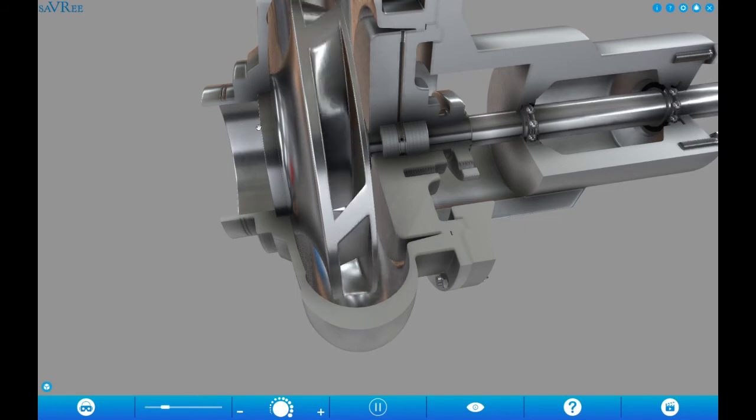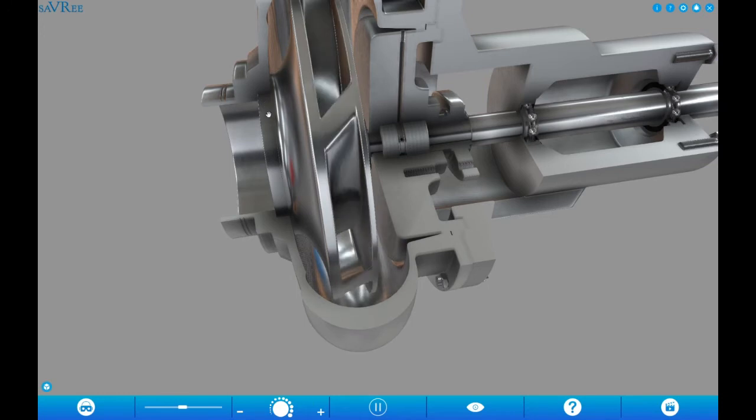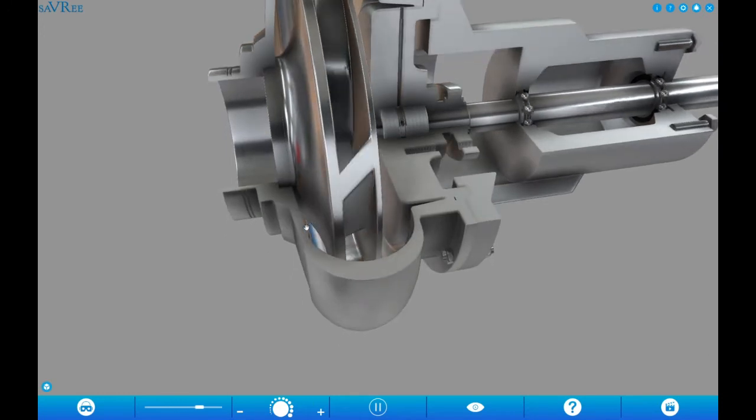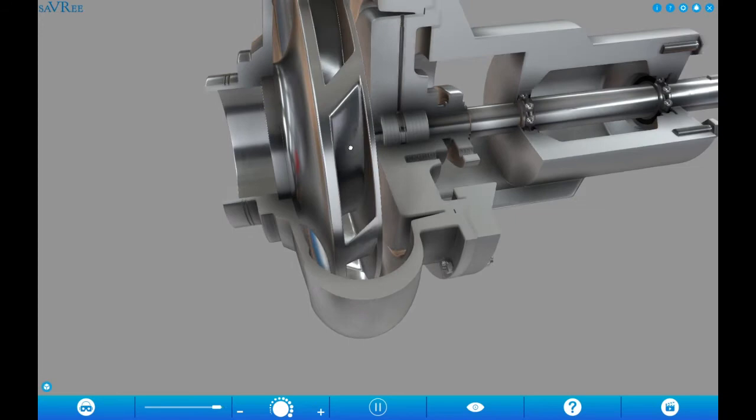Where is the pressure increasing? In this zone. This wear ring makes sure that no water is leaking back to the suction, because the phenomenon of physics is that the flow of water will always be from high pressure to low pressure. We don't want water to go back to the suction, because the suction pressure is not as high as the discharge or the volute pressure.